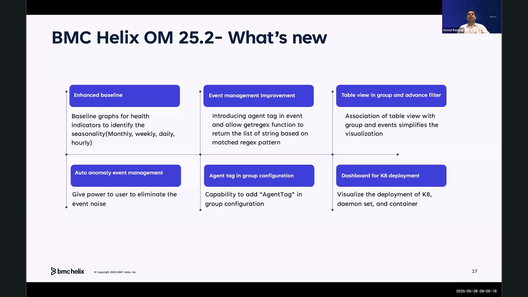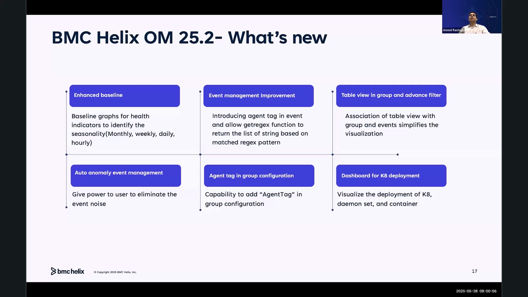Earlier, the baseline was only on a weekly basis, where it compares Monday to the next week's Monday trends, and then creates an auto anomaly event if it finds one. But there are still some scenarios where the baseline has to be checked monthly, daily, or hourly, or including the weekend also. So we included all those baselines, and I will also provide more insight on how we have enhanced this and how the visualization of this baseline is also improved.